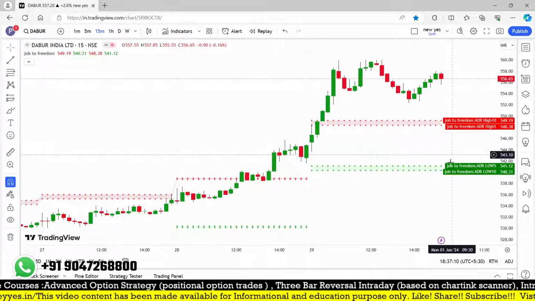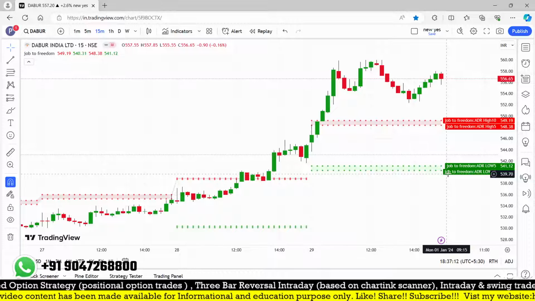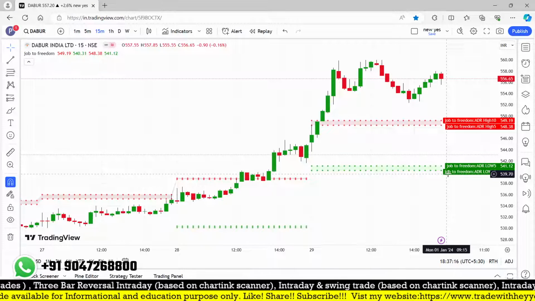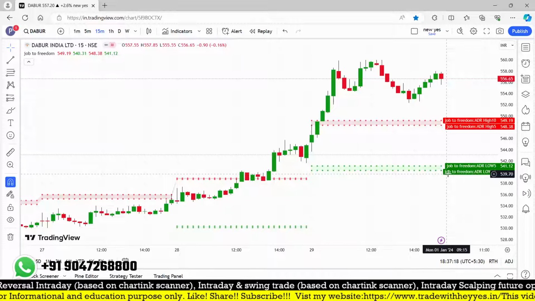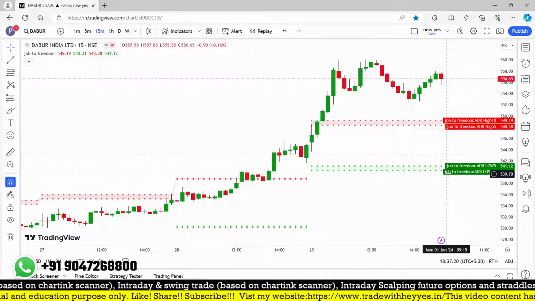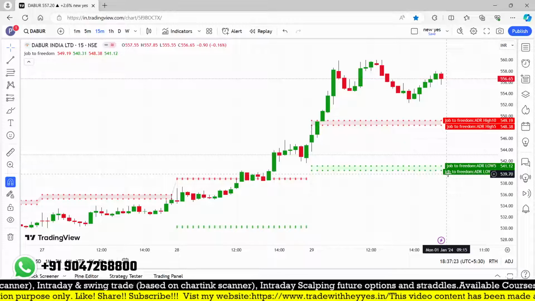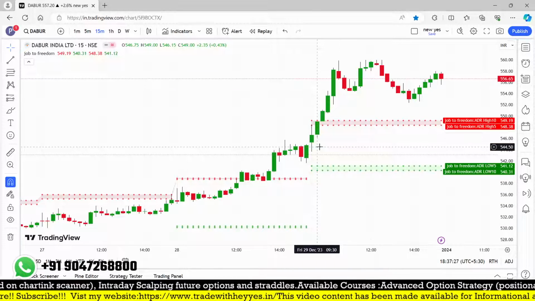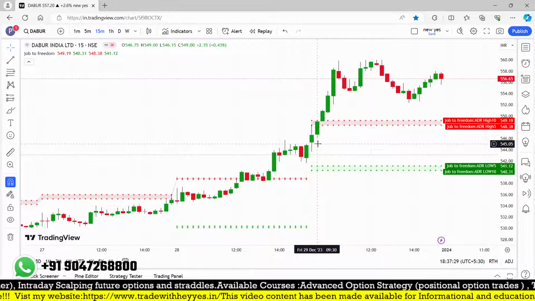For ADR 10-period and 5-period, for some stocks on the daily time frame ADR 10 would be greater than ADR 5, but for some stocks ADR 5 would be greater than ADR 10. But in our charting scanner, we take whichever is greater for the study. In this case, for ADR 5, this is the candle where it closed.